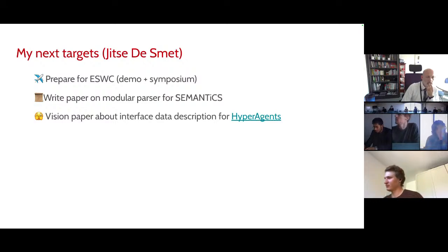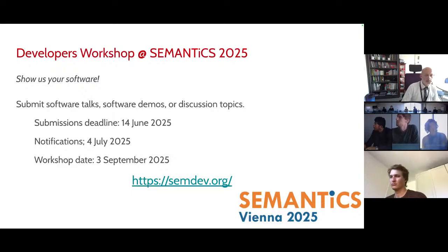I think we had everyone. So a small announcement I want to do. I think most of the people here already know about it, because Jitse is one of the people who will submit there. But we have a developers workshop at the Semantics conference later this year in Vienna.